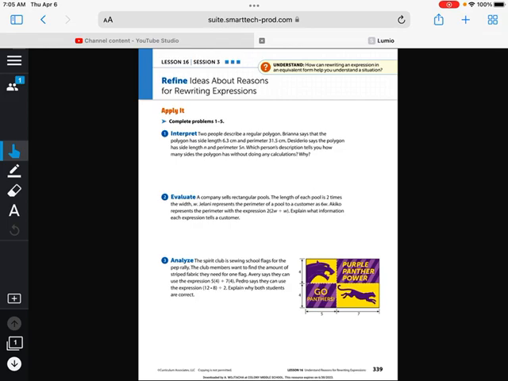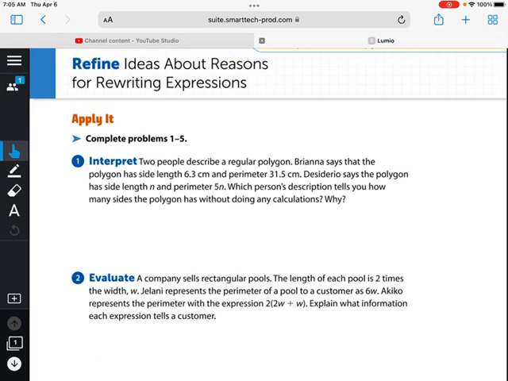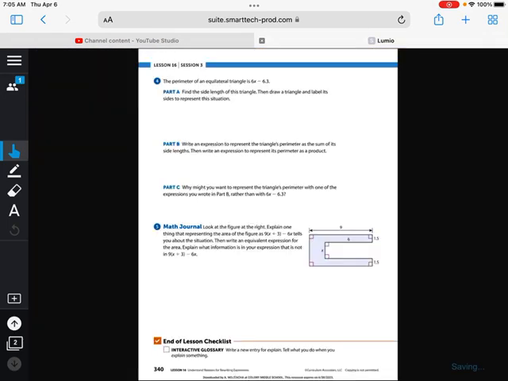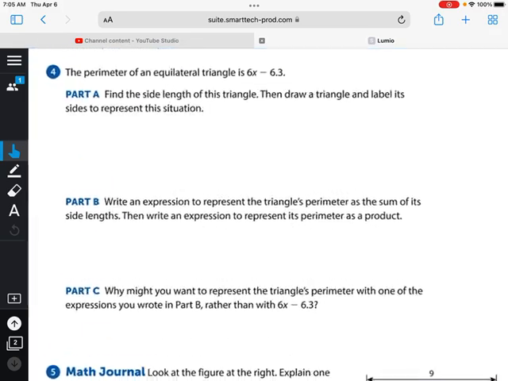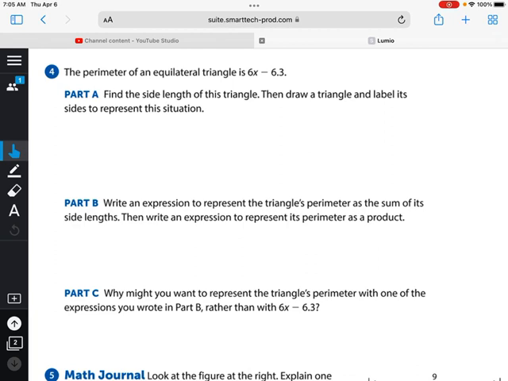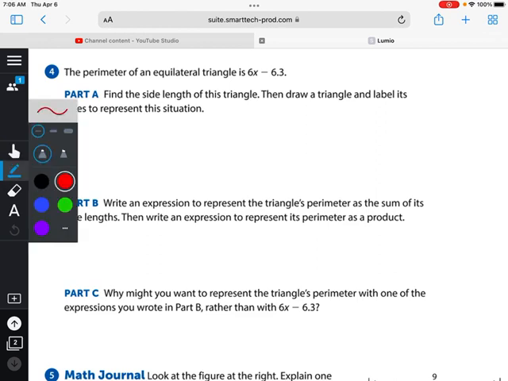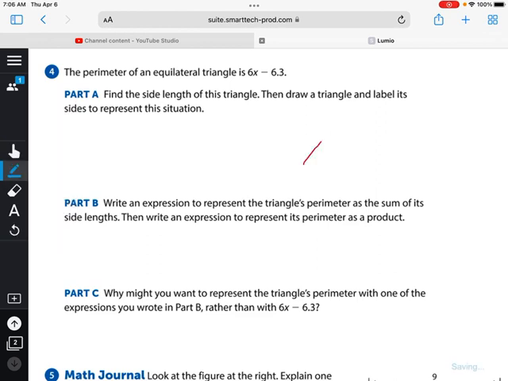Okay, so we are going to talk about specifically problem number 4. It says that the perimeter of an equilateral triangle is 6x minus 6.3. The thing that we need to know and remember about an equilateral triangle is that it's special in that all 3 sides, I know that this is not the greatest triangle, but that's okay, are equal.